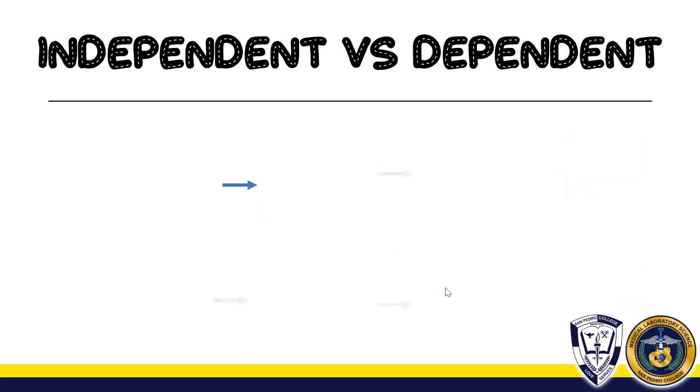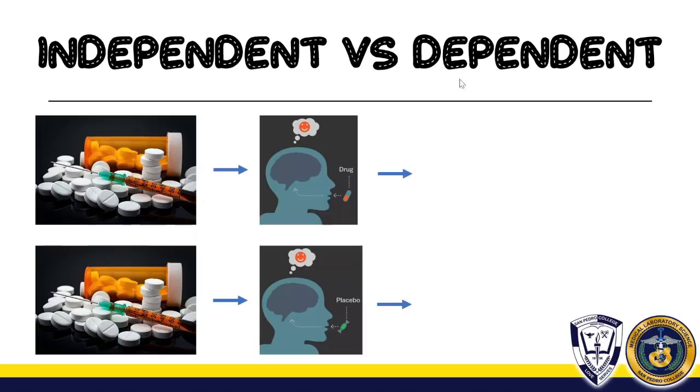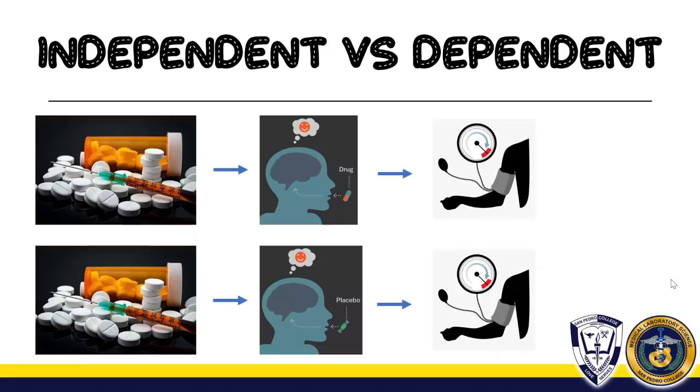How about independent? It is an independent sample if we have two different groups. One group will be given the active drug and the other group would be given the placebo. And then after some time, we also take their blood pressure.